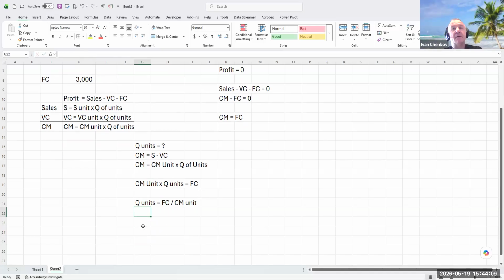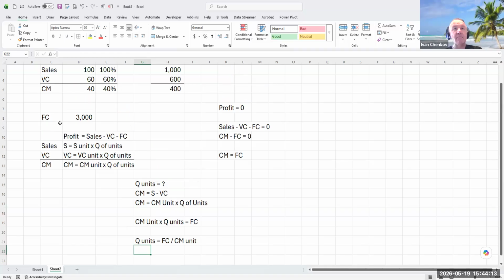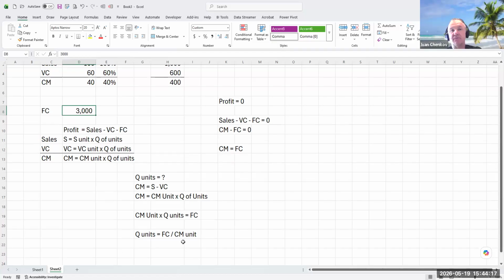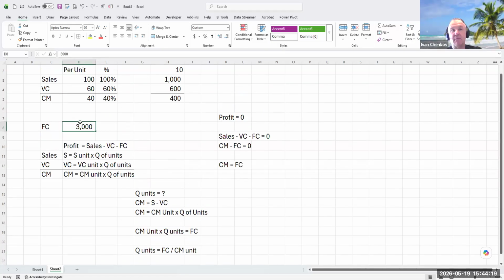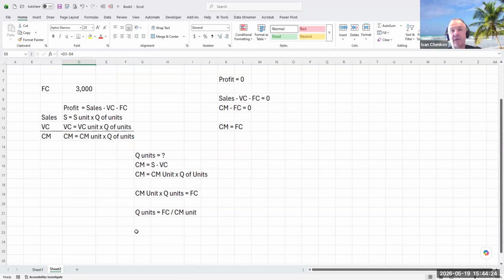So let's see if this actually works. My fixed cost is $3,000. My contribution margin is 40. So if I apply the formula now, the number of units should be equal to 3,000 divided by $40.